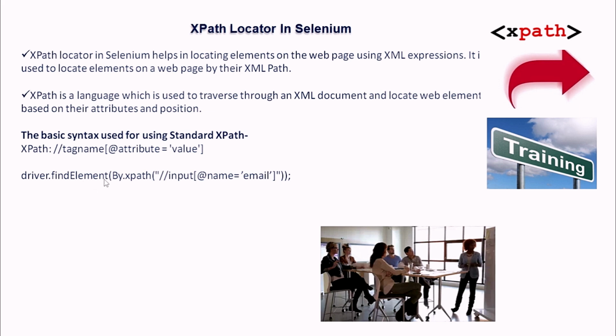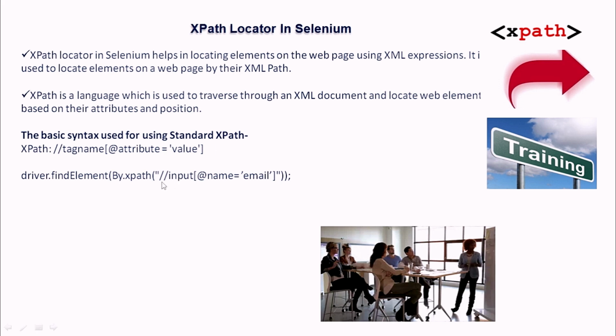Now driver.findElement(By.xpath). This is the Selenium WebDriver syntax. When we are writing in Selenium WebDriver, how can we write the XPath locator? The driver.findElement method will be the same, with By.xpath. This is an example for the input web element.